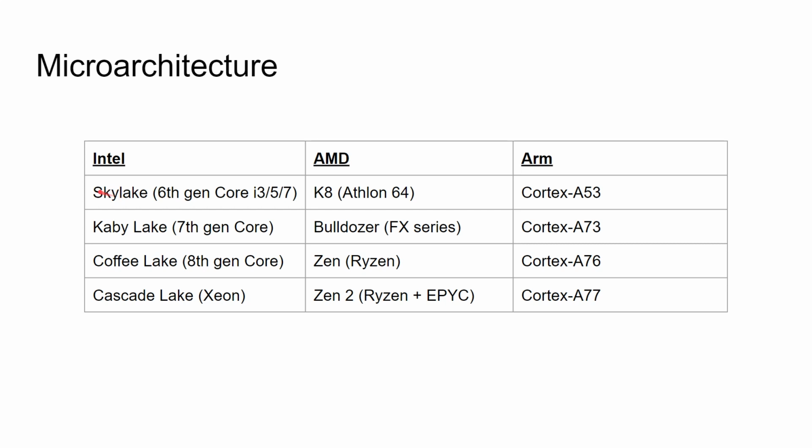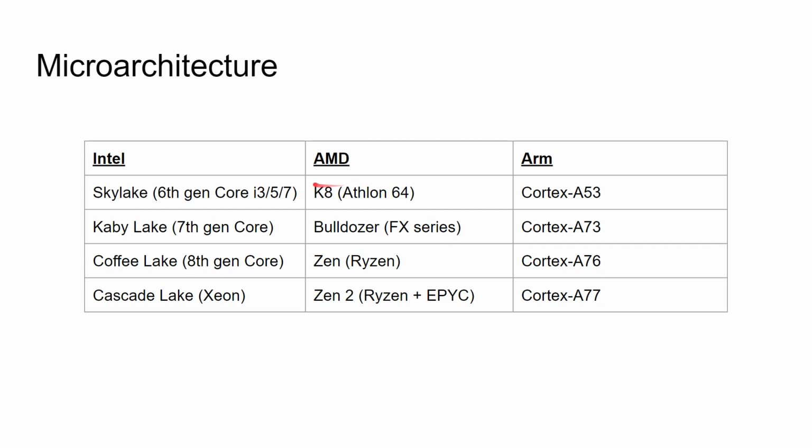But Intel spent a lot of time and a lot of money making each of these new generations, and each of these new generations does two things. One is it supports a new fabrication process, so we might go down from 14 nanometers to 10 nanometers or whatever, but also it's a new interior design, the microarchitecture, how it is built, so they can get more efficiency and more performance out of it.